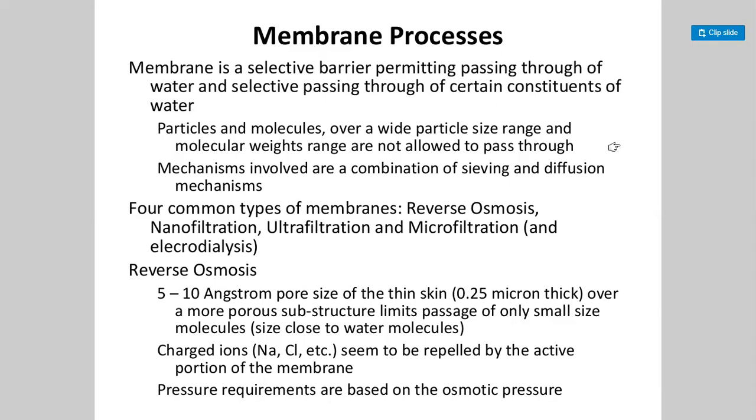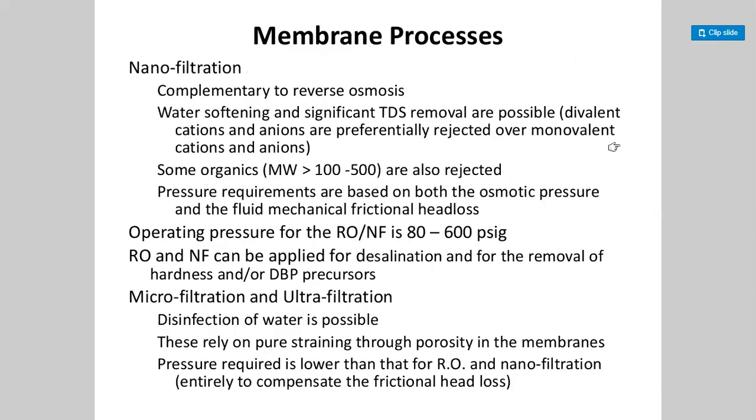So here, reverse osmosis has a 5 to 10 angstrom pore size of the thin skin, 0.25 micron thick over a more porous substructure, which limits passage to only small molecules, size close to water molecules. Charged ions, Na plus, chlorine etc., are repelled by the active portion of the membrane. Pressure requirements are based on the osmotic pressure.